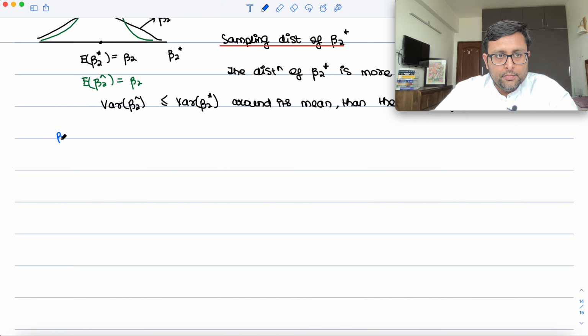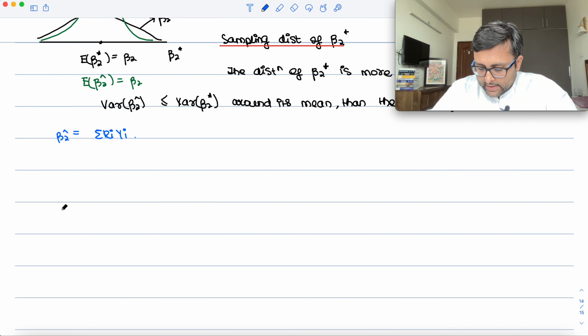Beta 2 hat is summation of ki yi, and ki's are what you have just seen in the earlier recording: small xi upon summation of small xi square.